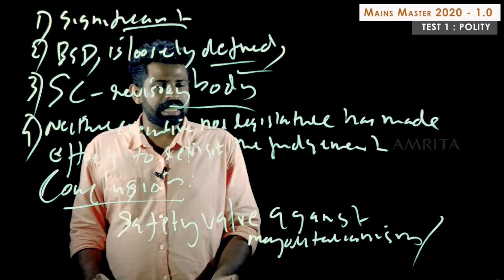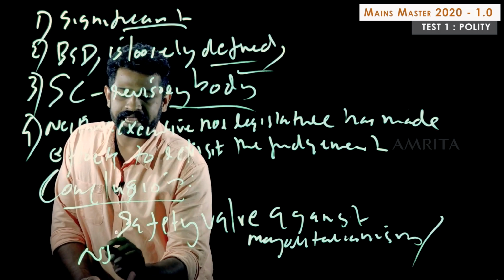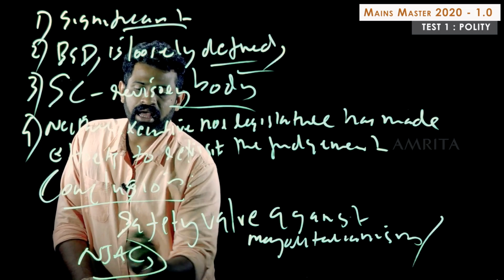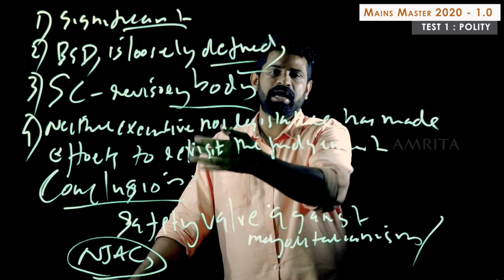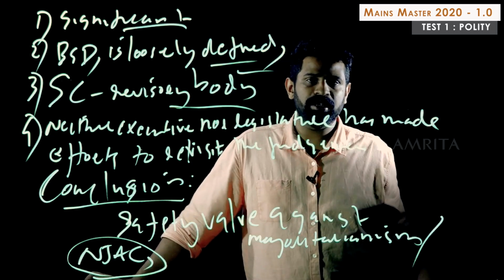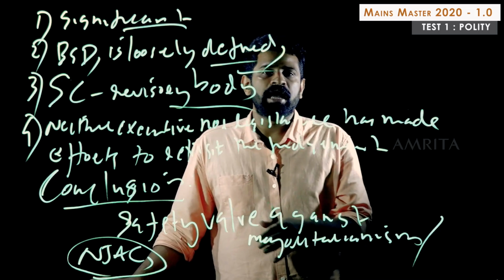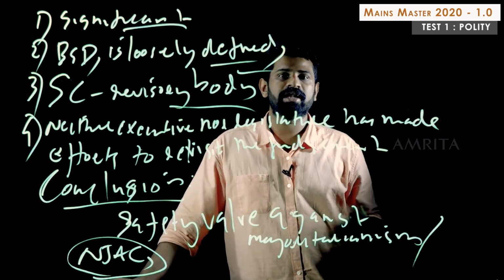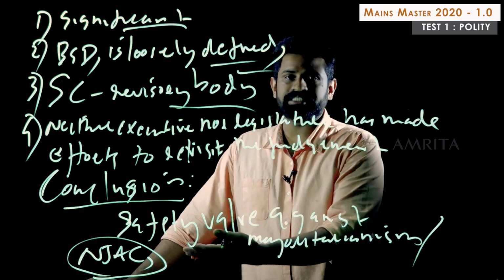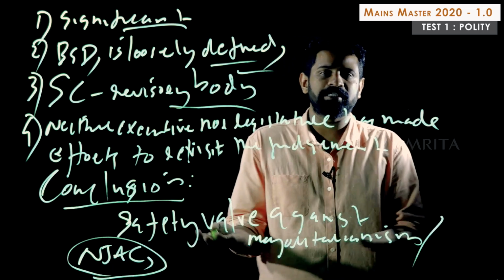But it's equally important for you to mention the case of NJAC, where the Supreme Court didn't go by the interest of the larger legislature in this country. It has more to do with the judiciary's lack of trust in the government, rather than any attempt to change or bring in that much needed amendment.